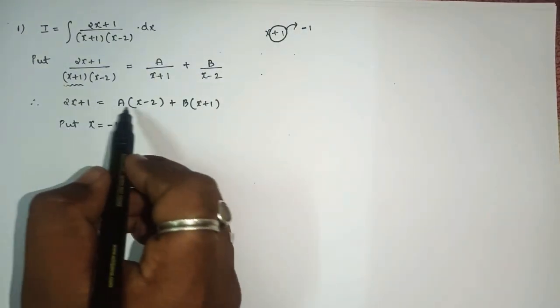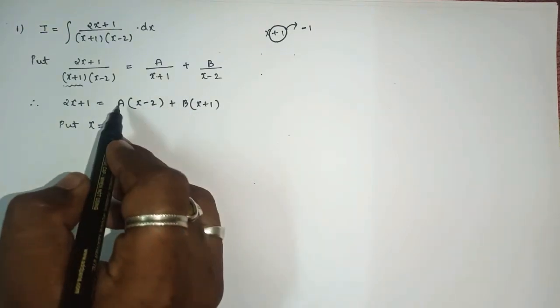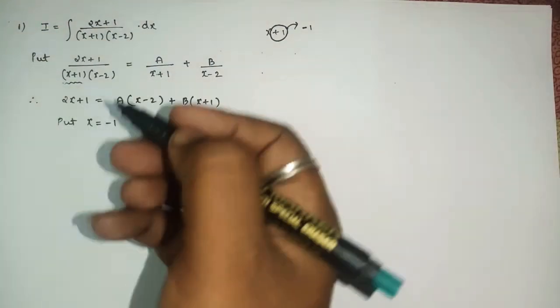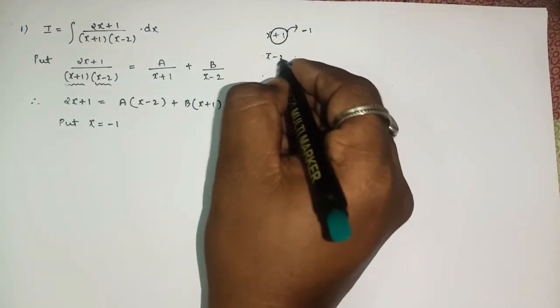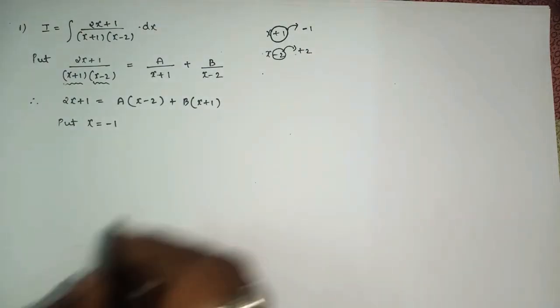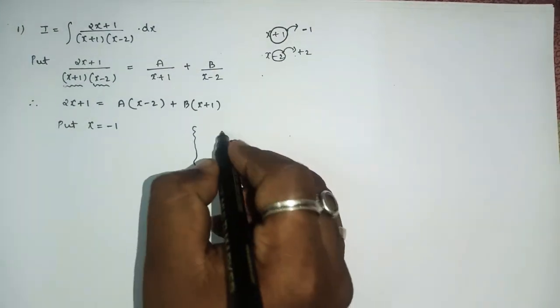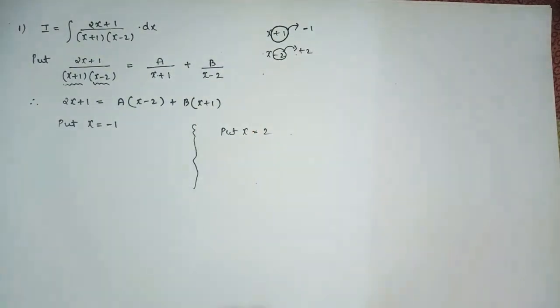Wherever you see x, just put minus 1, and you will get the value of A or B. In the second case, x minus 2 is there, so the opposite sign for minus 2 will be plus 2. So in the second case you will put x equals 2, where you will get the value of the second unknown.